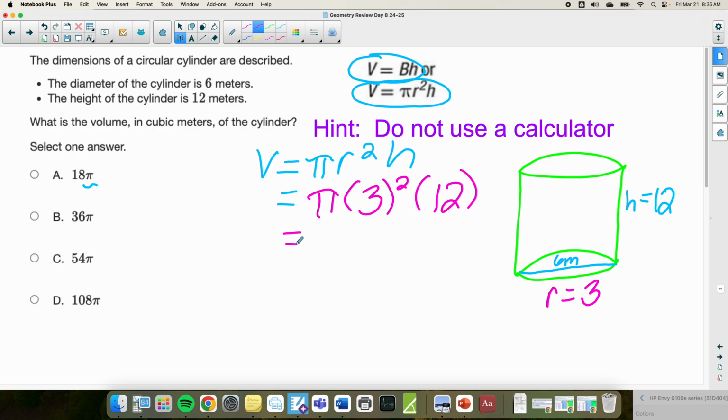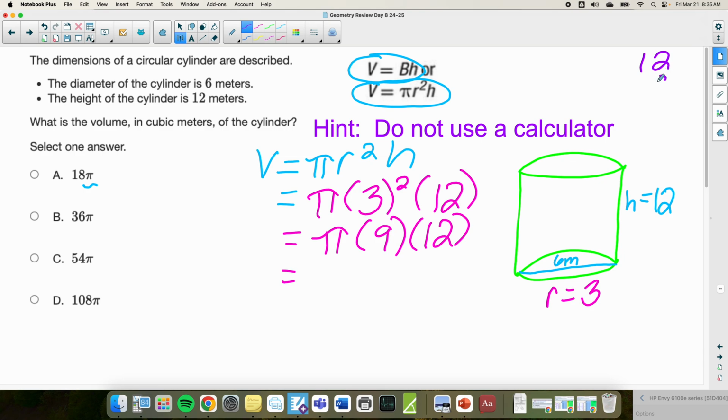Now again, you can't use your calculator on this. So what you would want to do is just think 3 squared is 9. So this is really 9 times 12. And then you would either have to do 12 times 9 in your head, or if you can't do that, what you would do is just long multiplication.